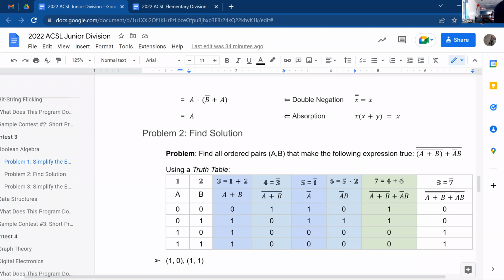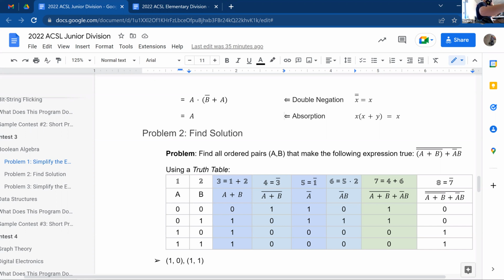So 0 or 0 is 0. 0 or 1 is 1. 1 or 0 is 1. 1 or 1 is 1. Or if you read it the other way, false or false is still false, false or true is true, and true or true is true. So we calculate all the individual components in here.